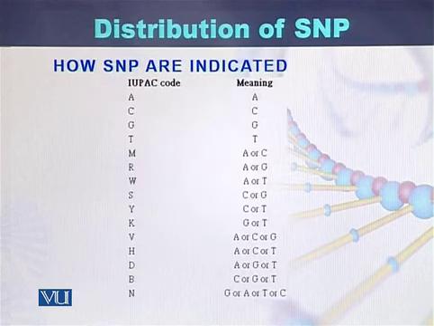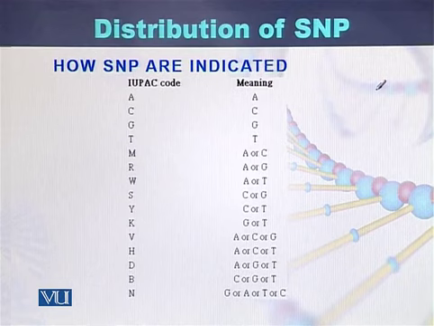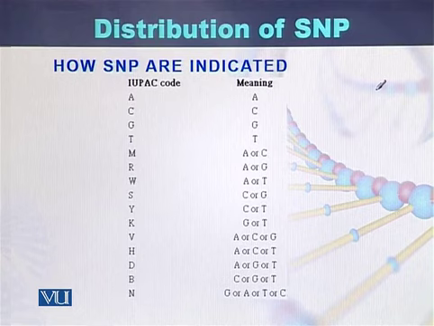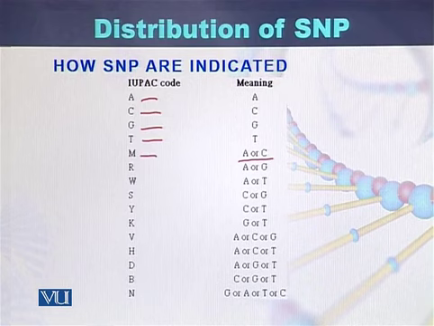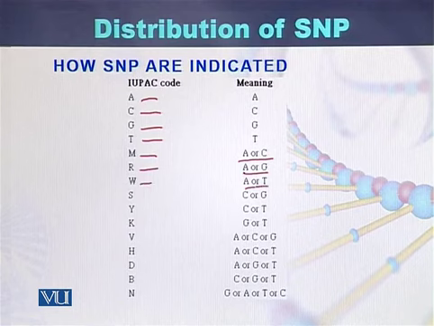How are SNPs indicated? There is a code or pattern that has been designed for how a nucleotide will be represented, and how to mention a change if there is one base or an alternative base. So A is represented by A, C by C, G by G, T by T. If there is a variation between A and C, it will be represented by M. If there is A or G, where one nucleotide is replaced by another, it will be represented by R. If there is A or T, it will be represented by W, and so on.